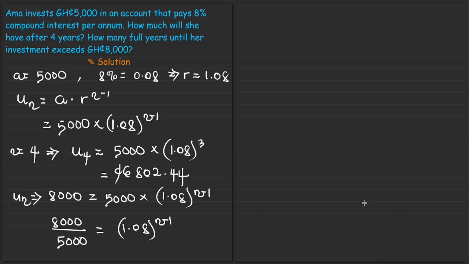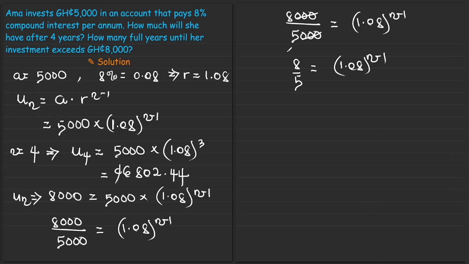If you have a calculator, you can just punch all this to give you your answer. So 8 over 5 will then give us 1.6, and you say 1.6 equals 1.08 all to the power N minus 1.